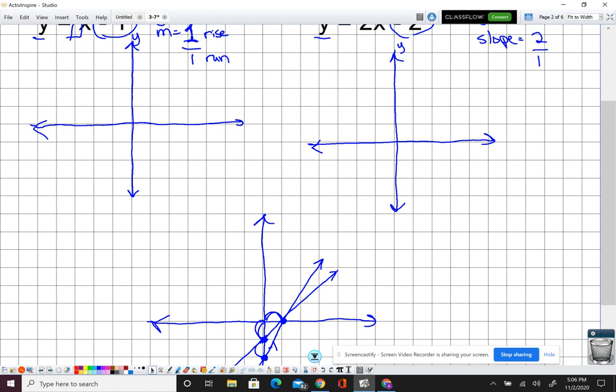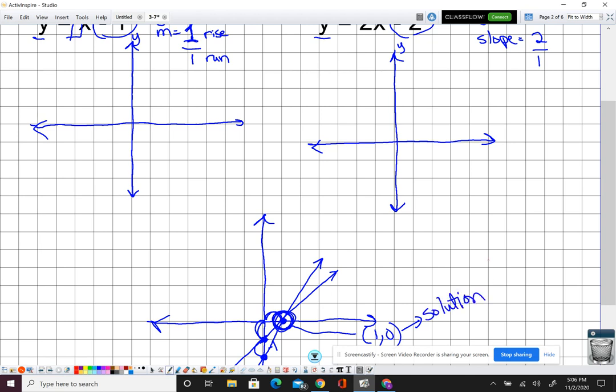We can see that our lines intersect right here. That point is (1, 0), and that is our solution.